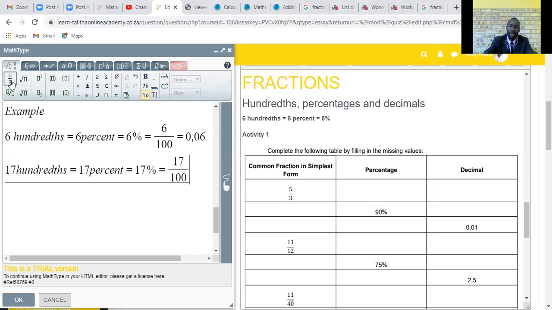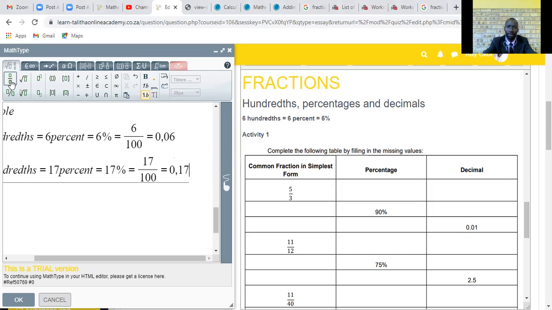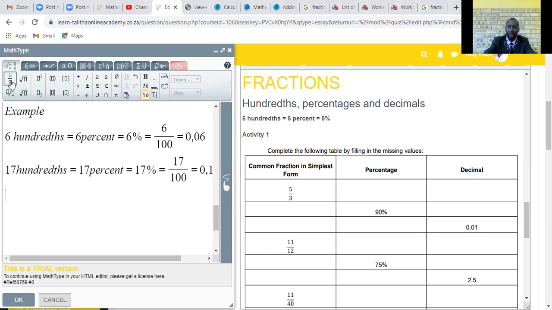So this way, what do we get? Well, this way we get 0.17.